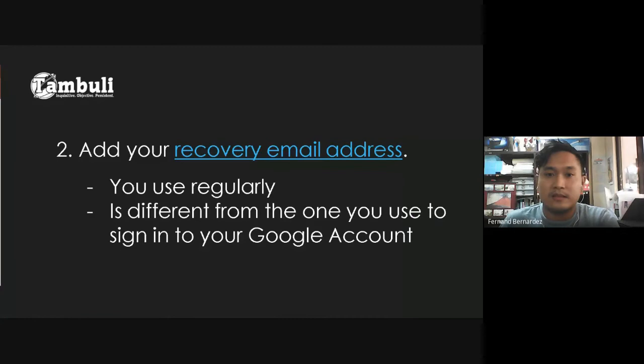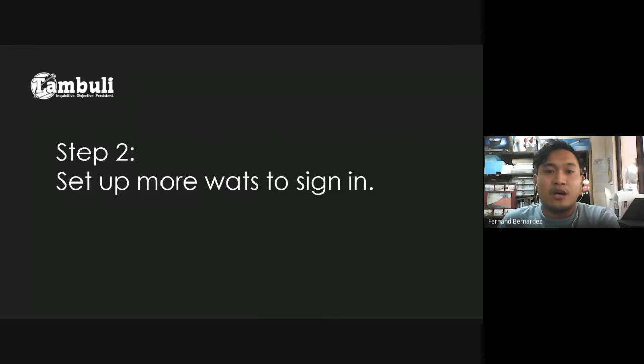Okay. So we're done already with our step number one. Let's proceed to our step number two. For step number two, you can add more ways to sign in and prove it's you on your account.